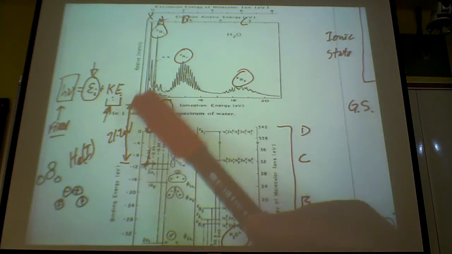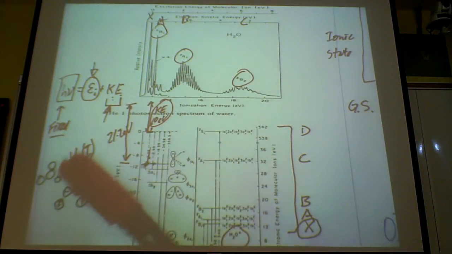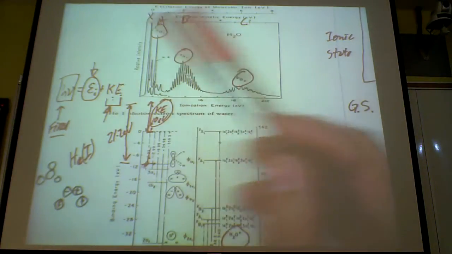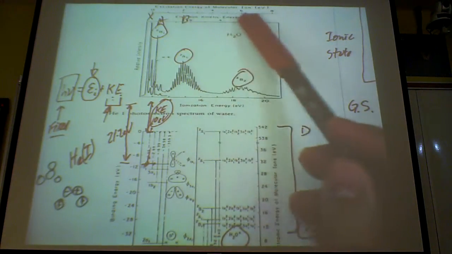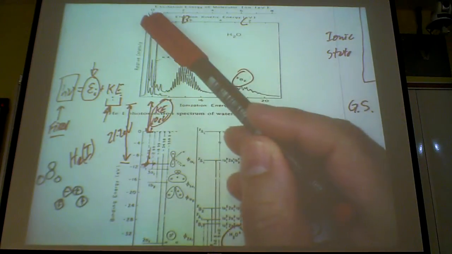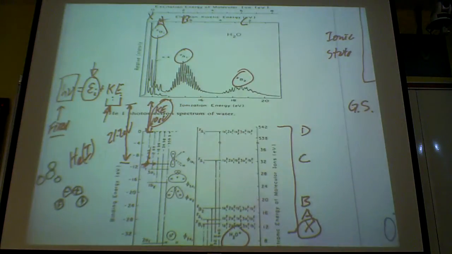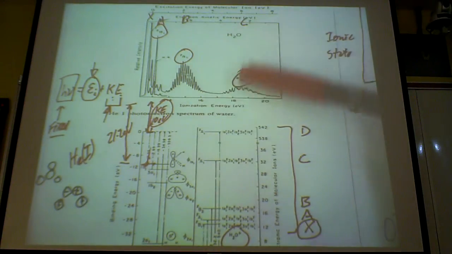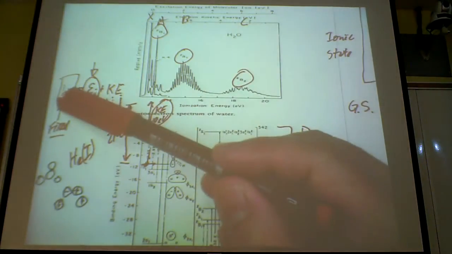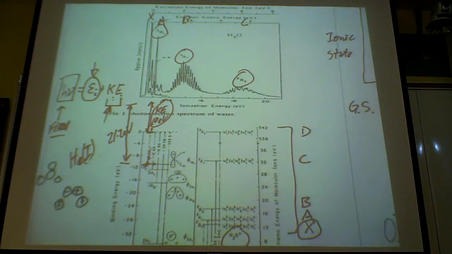Correspondingly, if you take 21.2 minus 11 electron volt, it corresponds on the upper scale to the kinetic energy, which is this guy here. That gives you about 10 electron volt for the kinetic energy. You can see that these two are connected to each other by the photon energy.